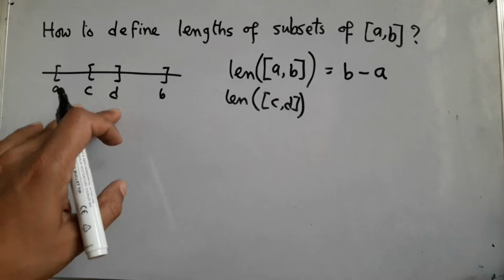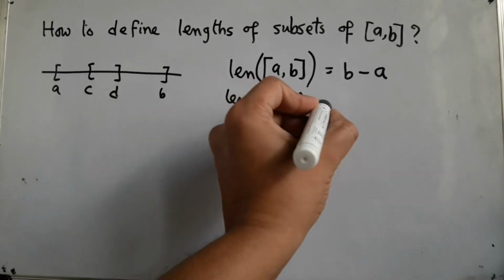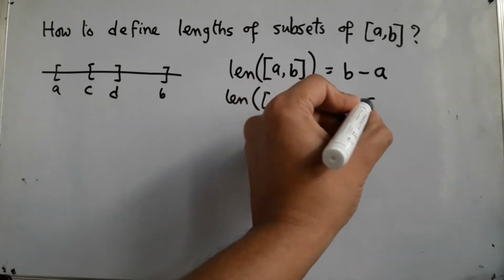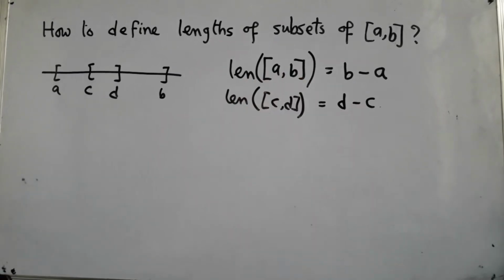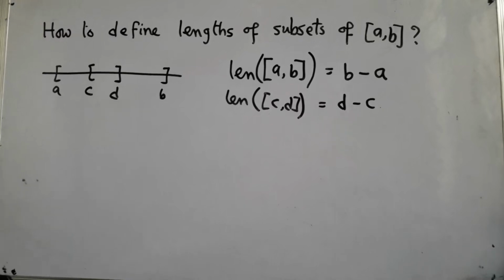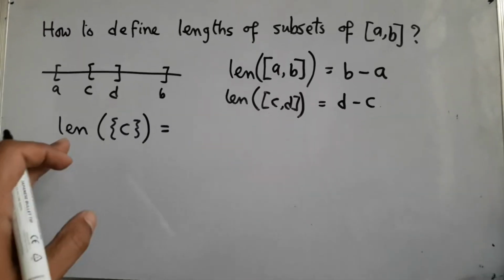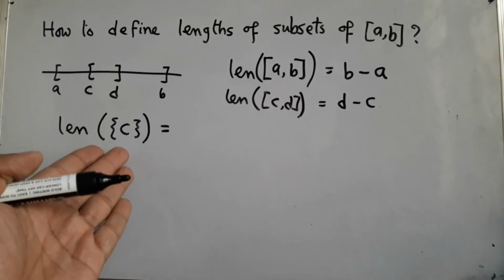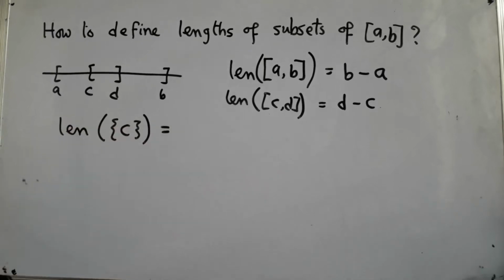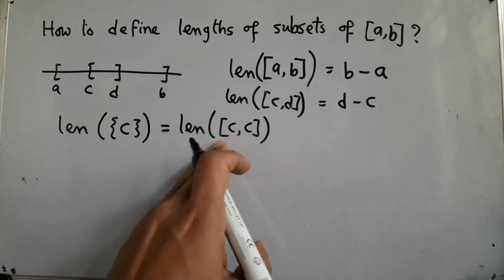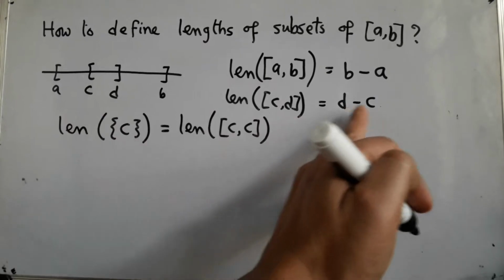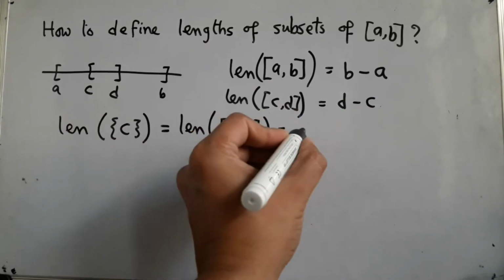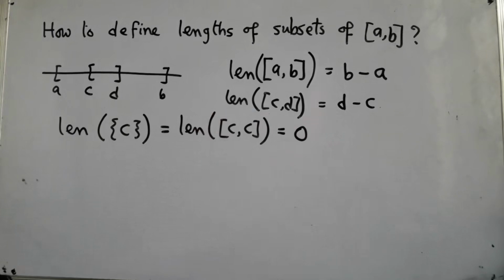If you take anything C to D, then its length should be D minus C. That is just obvious. Now let's make something a little bit less obvious. I want to define the length of just the point C, which you already feel should be 0. Now you can write it as the closed interval C to C. So using this formula, this is just C minus C, which is 0. So a singleton should have length 0.